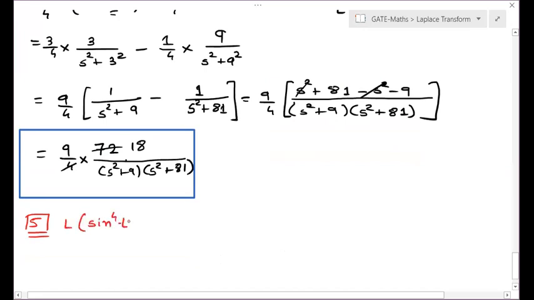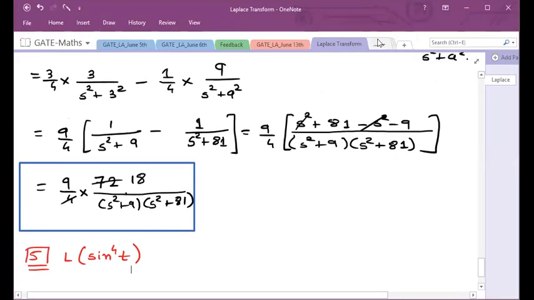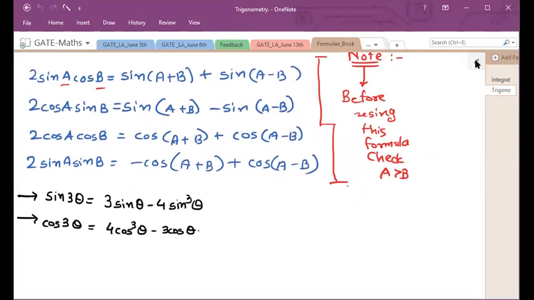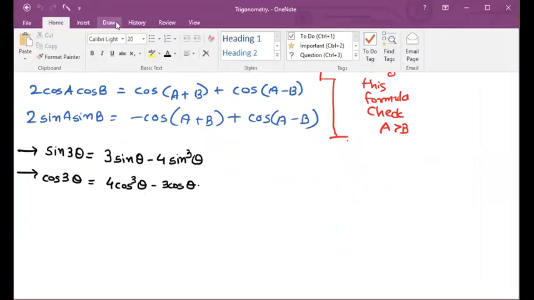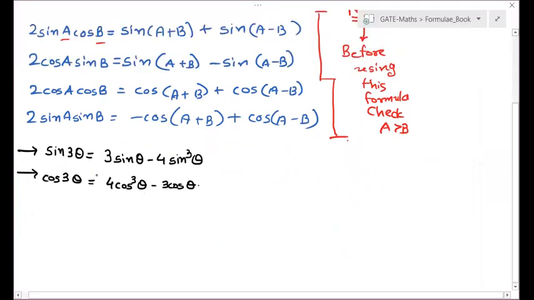Sine to the power 4t. Do you know any formula for sine to the power 4t? So let us see the formula book once again. See over here. So there is one formula for sine square theta. And similarly, I will give you this formula for both of them, like in the earlier case, we have seen sine 3 theta and cos 3 theta.